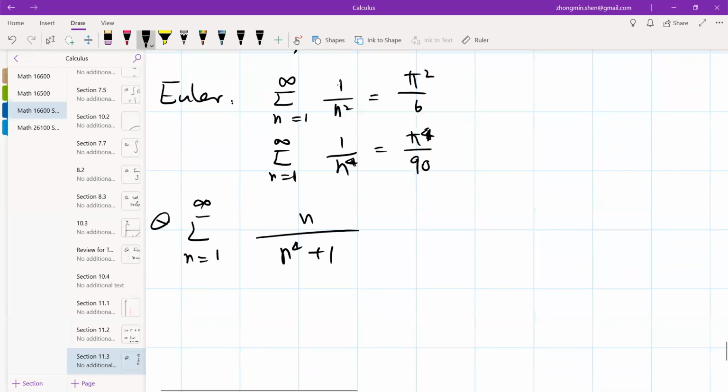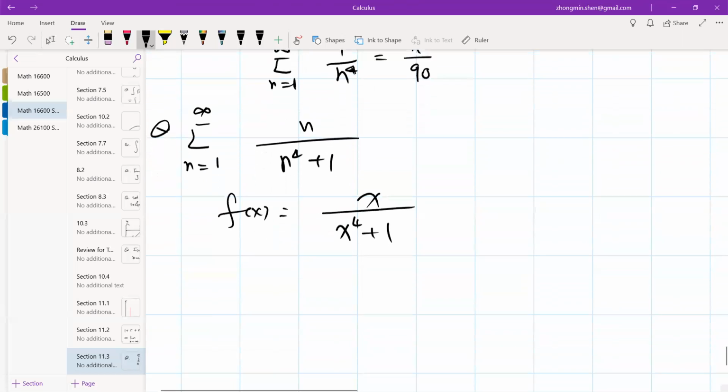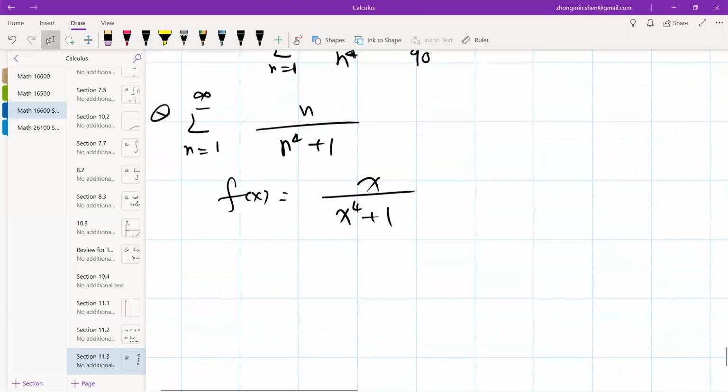So right now we only learned the integral test, so we can use that method to answer the question. Here, f of x is going to be x over x to the fourth plus 1. I want to check that it is positive, continuous, and decreasing. Positive and continuous are obvious.